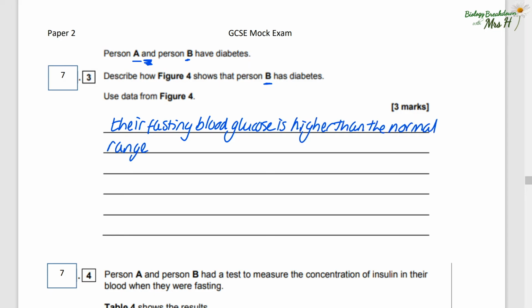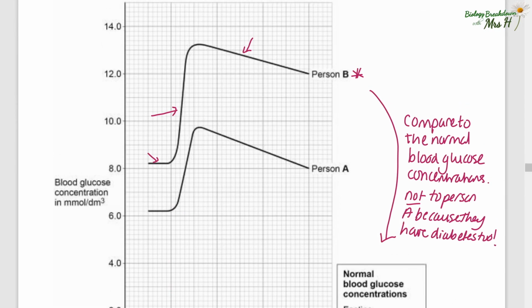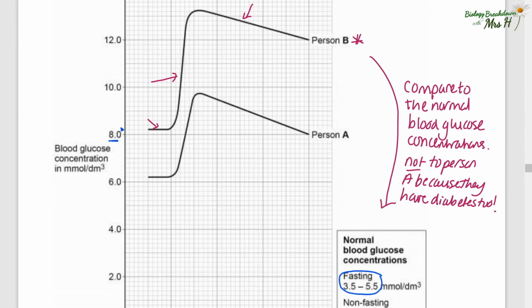So if you look at the graph, 8.2 is person B's blood glucose concentration when they're fasting. And if you compare that to normal, fasting should be between 3.5 and 5.5. So already their blood glucose concentration is too high. After they've consumed the glucose drink at 10 a.m., their blood glucose concentration increased rapidly all the way up to around 13.2 millimoles per decimeter cubed.